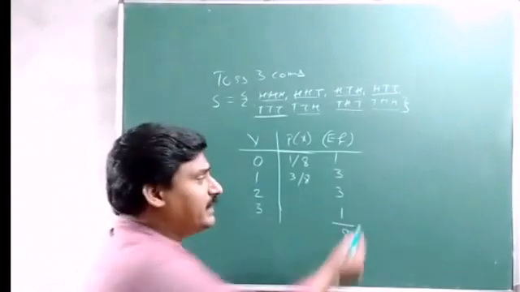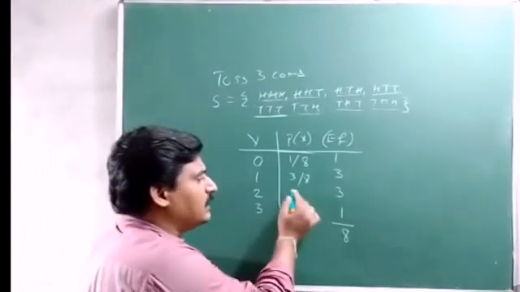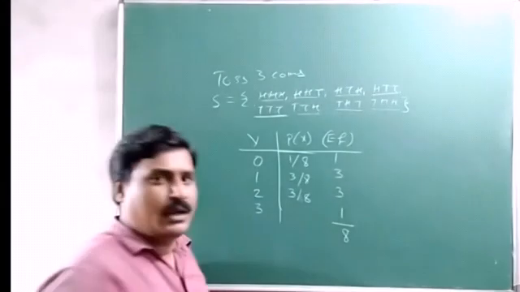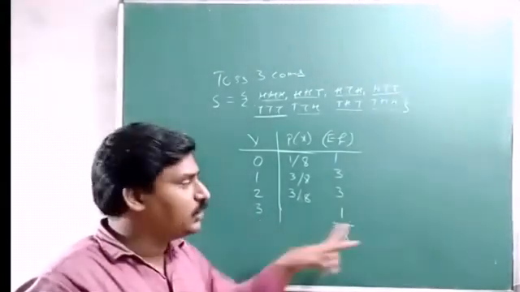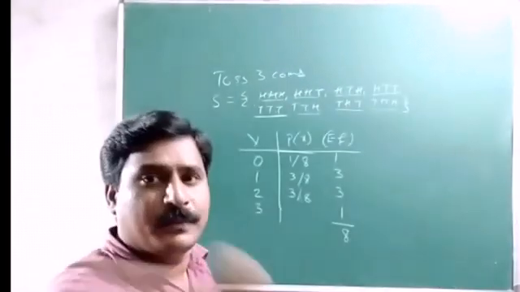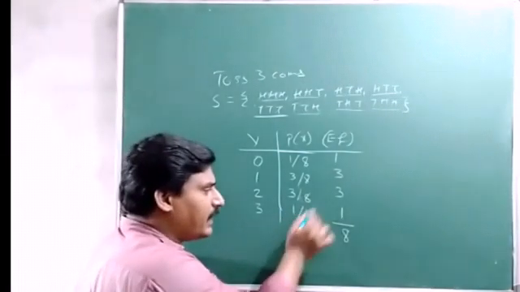In three ways we can get two heads, so the probability associated with two heads is 3 divided by 8. And finally, all three are heads. That is only one way we can get it, so the probability associated with three heads is 1 divided by 8.